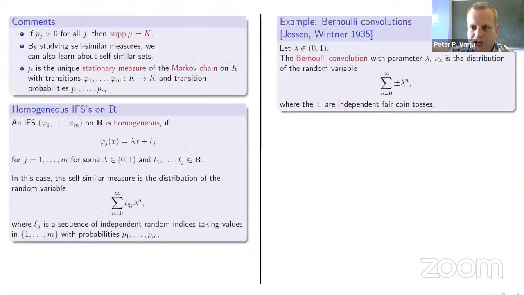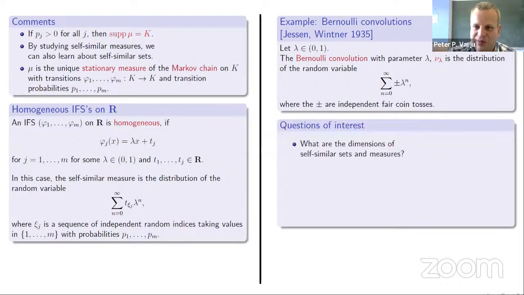Okay, so I hope I managed to convince you that these are very rich and structured objects and very curious, because I will now talk about them. So what are the questions that you would like to understand?